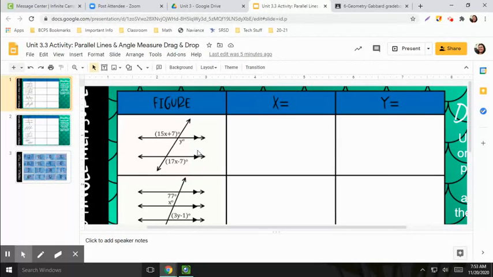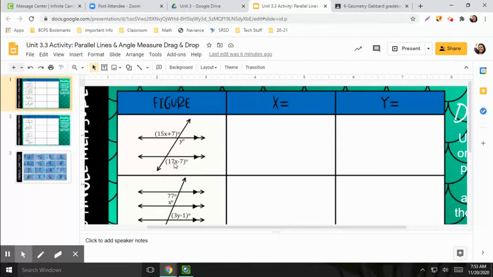For this one, we also need to look at our variables, because on this top expression here, we have 15x plus 7, but then we have a y down here. And then on this expression, we have 17x minus 7. So we want to work with things that have like variables, because we won't be able to figure it out if we're trying to solve for x and y at the same exact time.